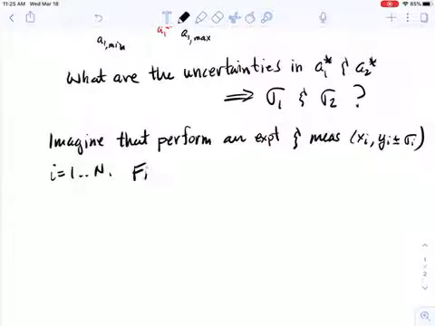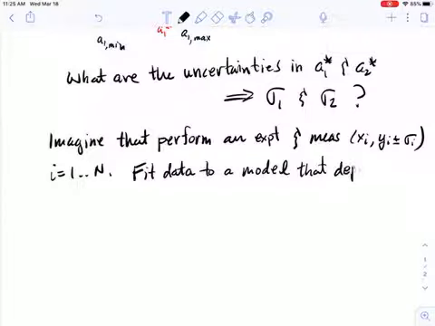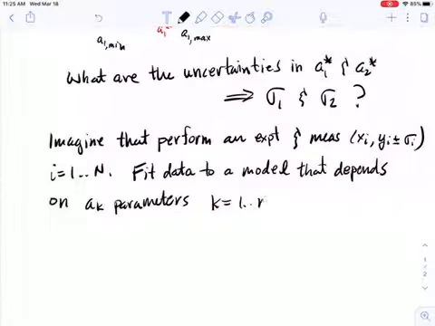Okay, so we fit the data to a model that depends on ak parameters, where k can be 1 to m.